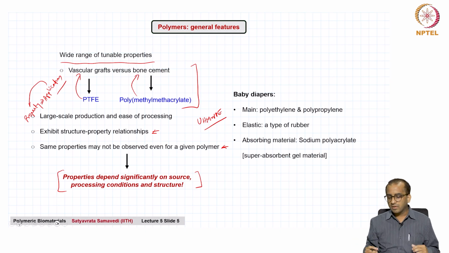So, just as an example, this is a non-medical, non-biological example. These are common everyday materials that we see: baby diapers. What you will see is that the main material in the diaper could be some combination of polyethylene and polypropylene, and then there is an elastic in the material which lets you tie it, and that is a type of rubber.